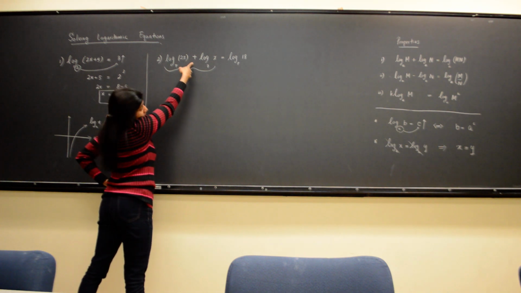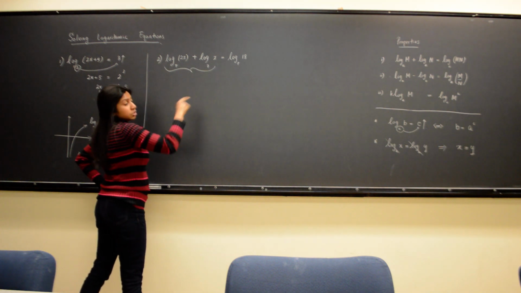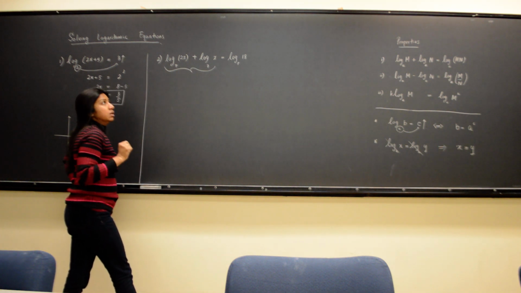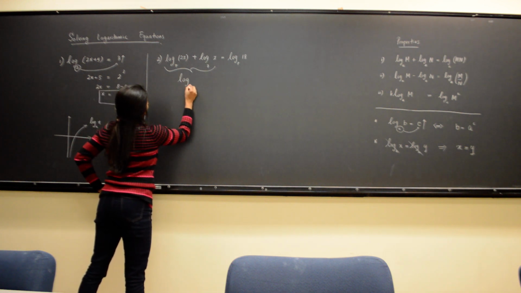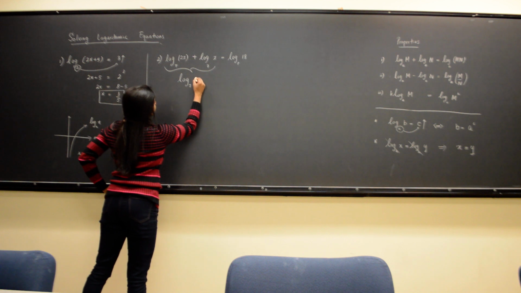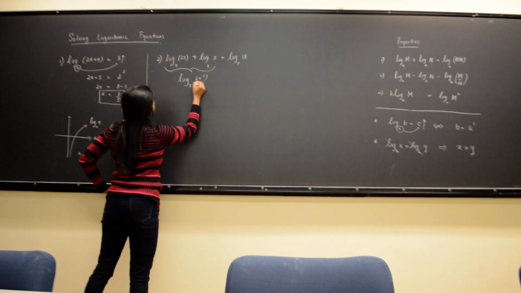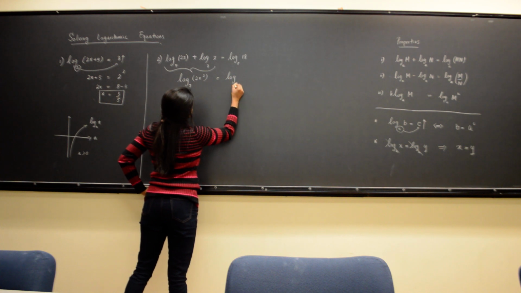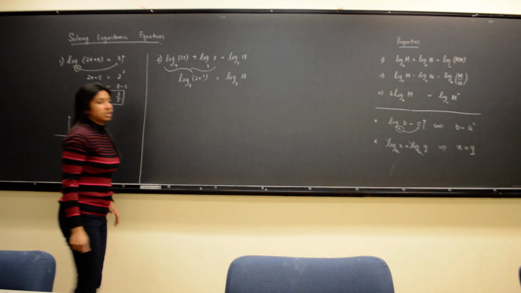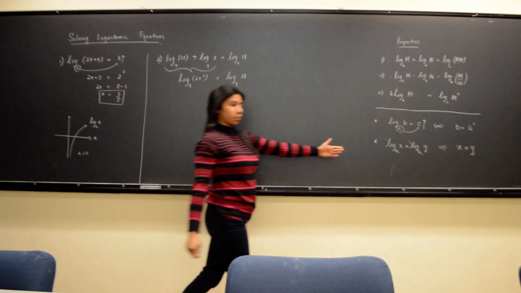We have a summation here, so we can convert it to a product. So we will get log to the base 7 of 2x times x, which is 2x squared, and here you have log to the base 7 of 80. Now we have this form, right?